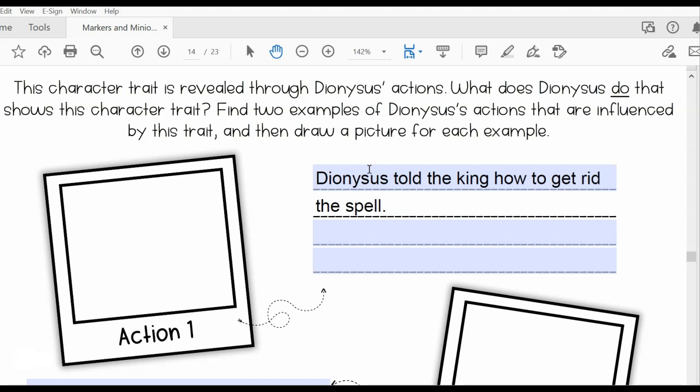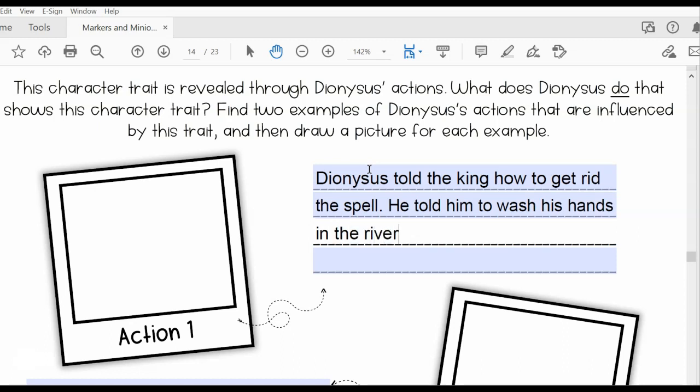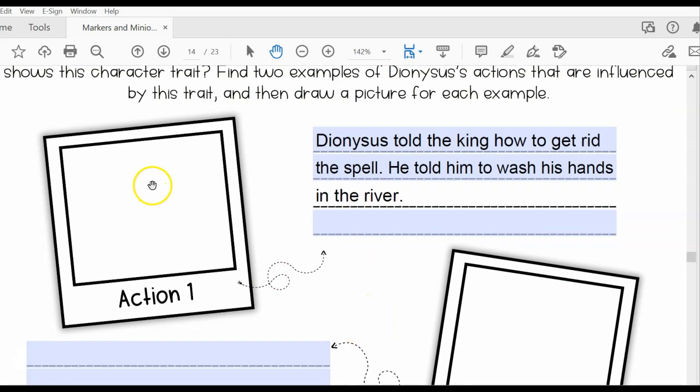What did he tell him to do? Wash his hands in the river. He told him to wash his hands in the river. Okay. So obviously it says then draw a picture of each example. Obviously, then you're going to draw a picture of maybe Midas washing his hands, right? Okay.